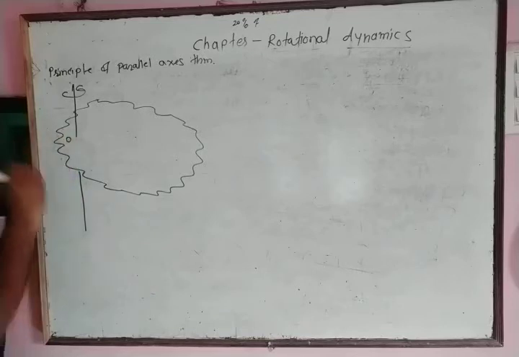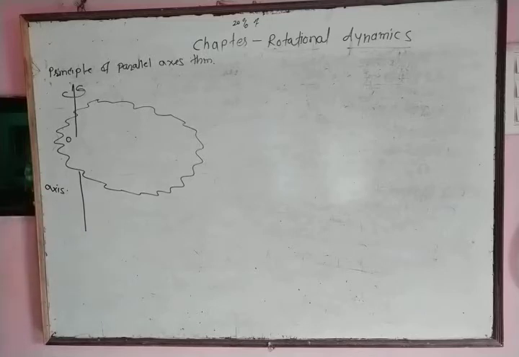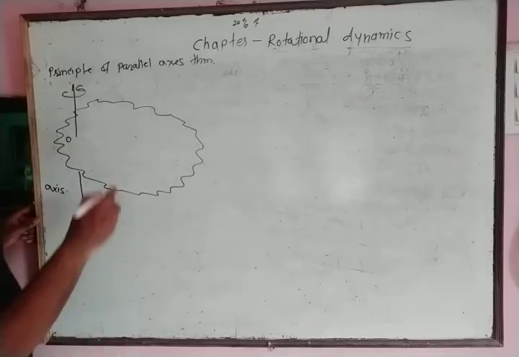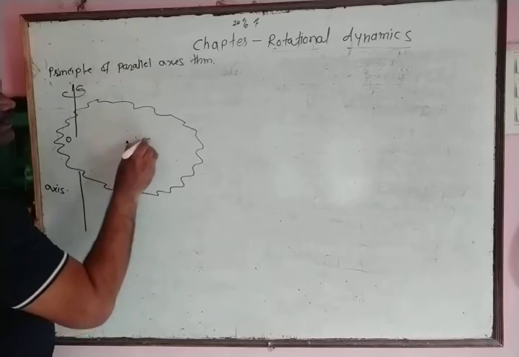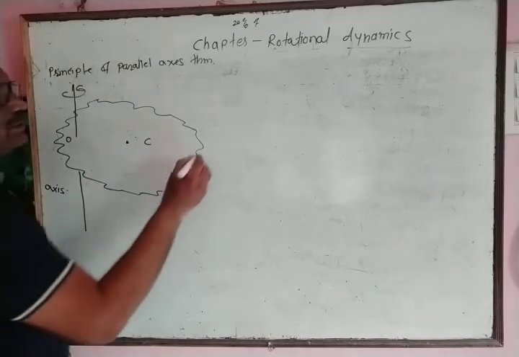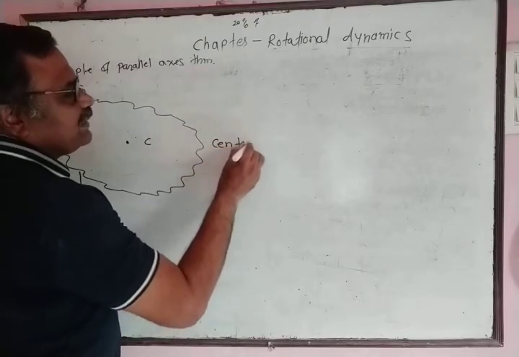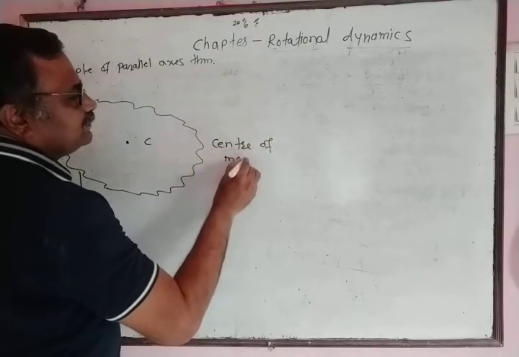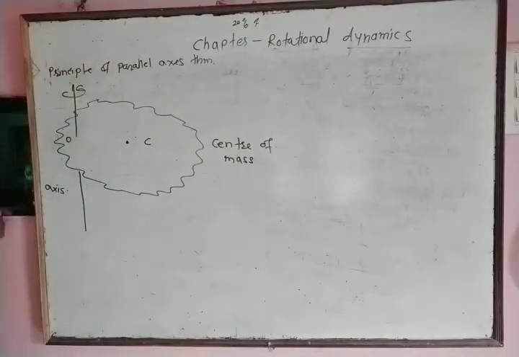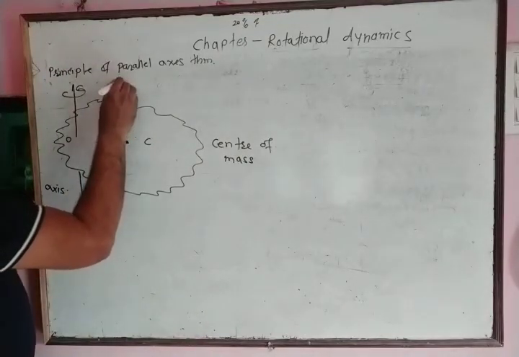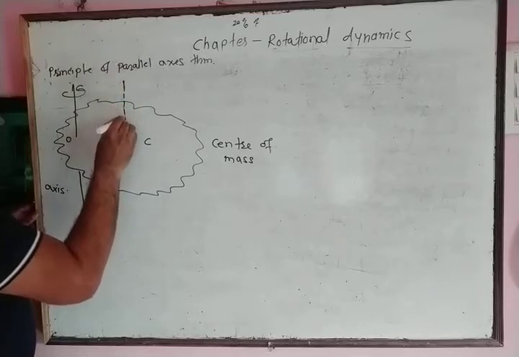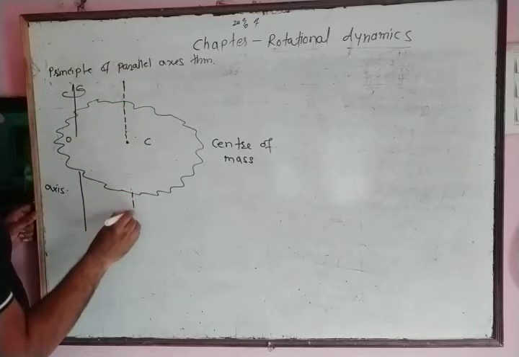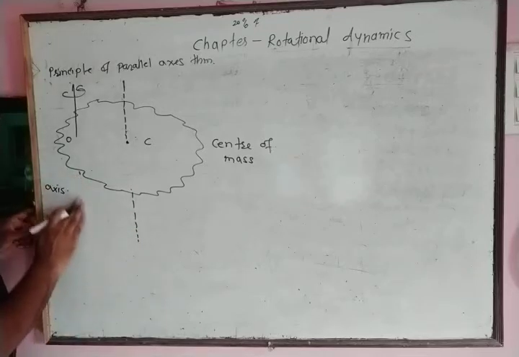Suppose O is any point, and one axis passes through this point, and about this axis body is performing rotational motion. Now let us consider there is another point. This another point is known as center of mass, and let us consider one axis passes through center of mass as shown in this figure.